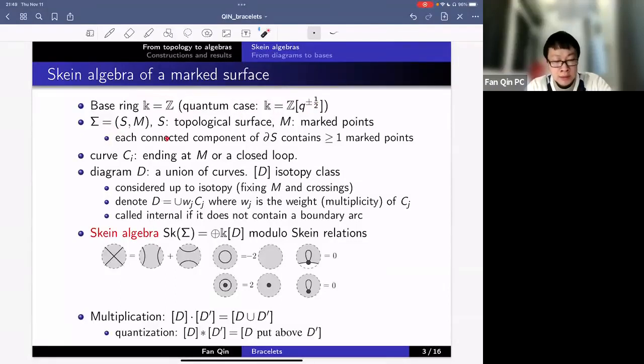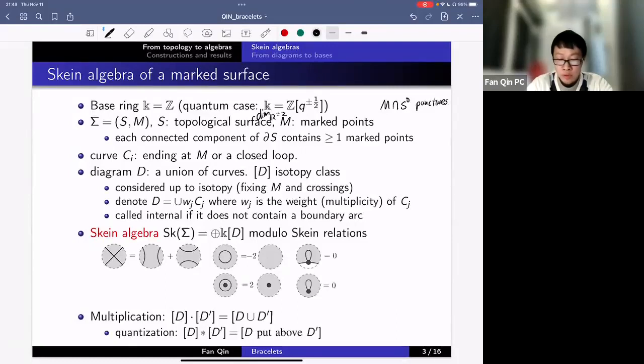Our marked surface consists of a topological surface S of real dimension 2, and also finitely many marked points. We require that each boundary component contains at least one marked point, and those marked points inside the interior are called punctures.